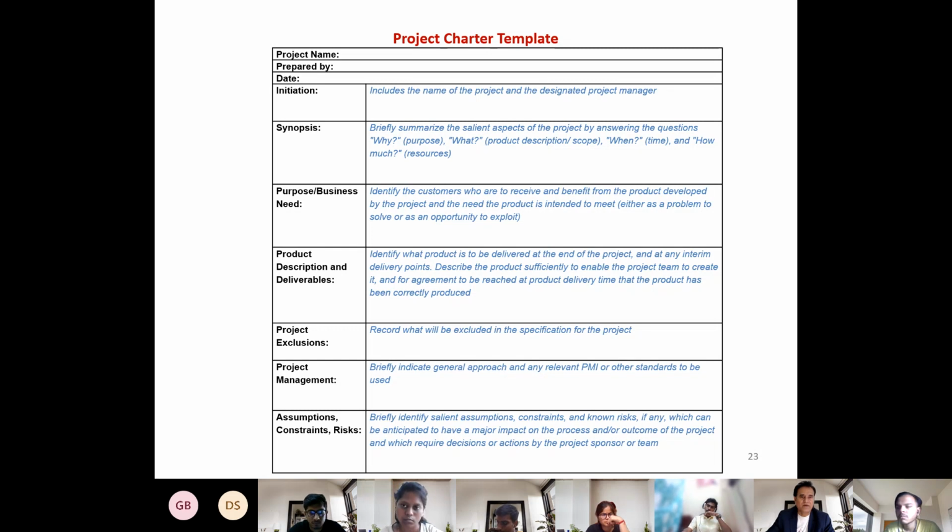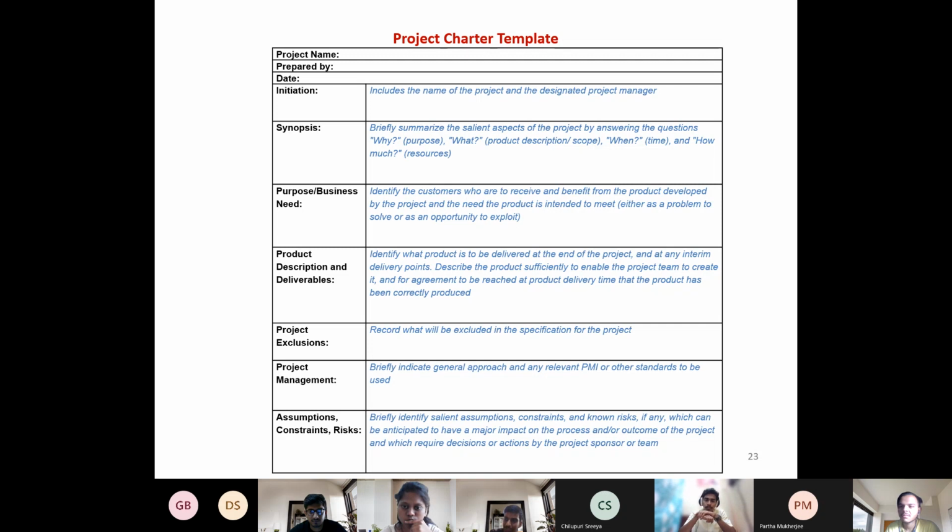I'll just switch off my camera just to tell you that you're on your own, but I'm very much here. Don't be shy, this is also part of your grooming.